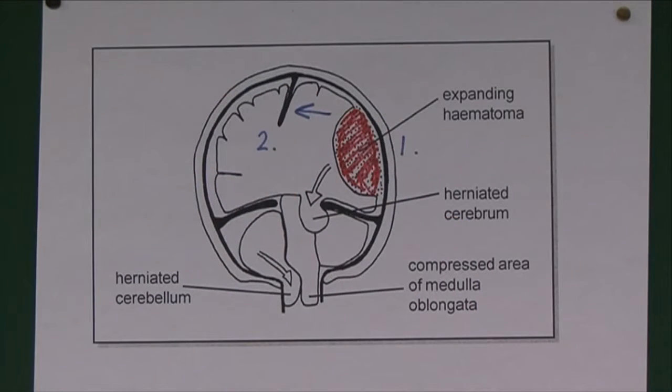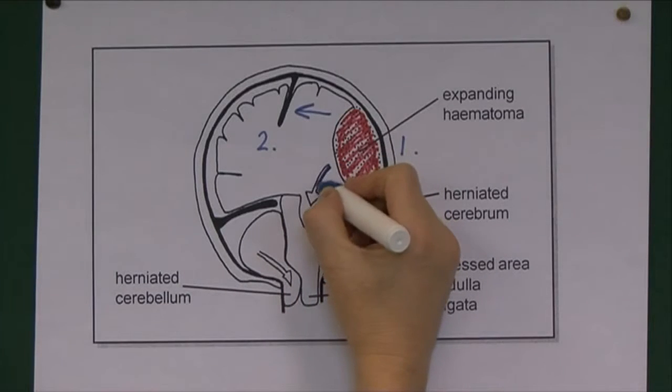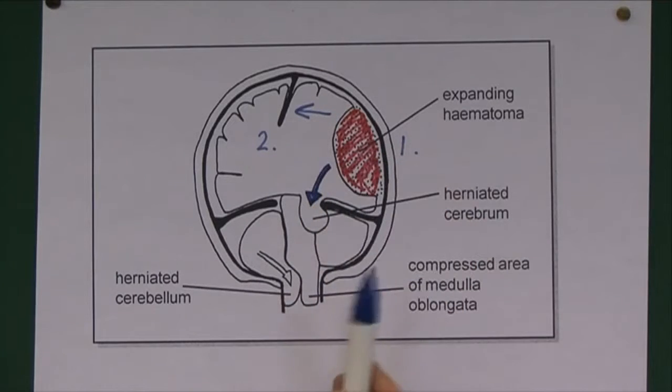But then eventually, part of the temporal lobe will be pushed down through the tentorium. This is called tentorial herniation. Remember, a hernia is tissue pushed into a place where that tissue should not be, where it goes into another body cavity or indeed goes out of the body, but here into another body cavity.